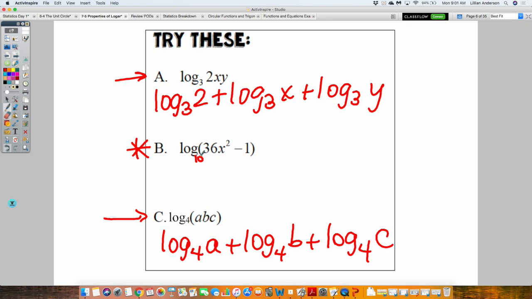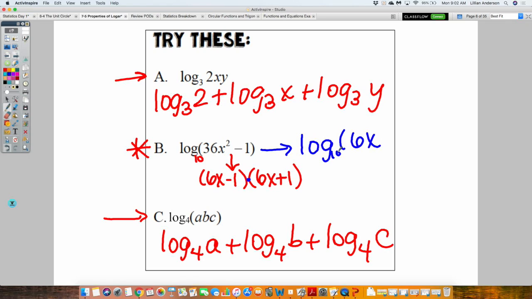To expand this, you're going to need to factor. How does 36x squared minus 1 factor? And the thing that's keeping these two factors together is multiplication. So this can expand by saying log, you can put a 10, of 6x minus 1 plus log of 6x plus 1, and that is as far as you can go.